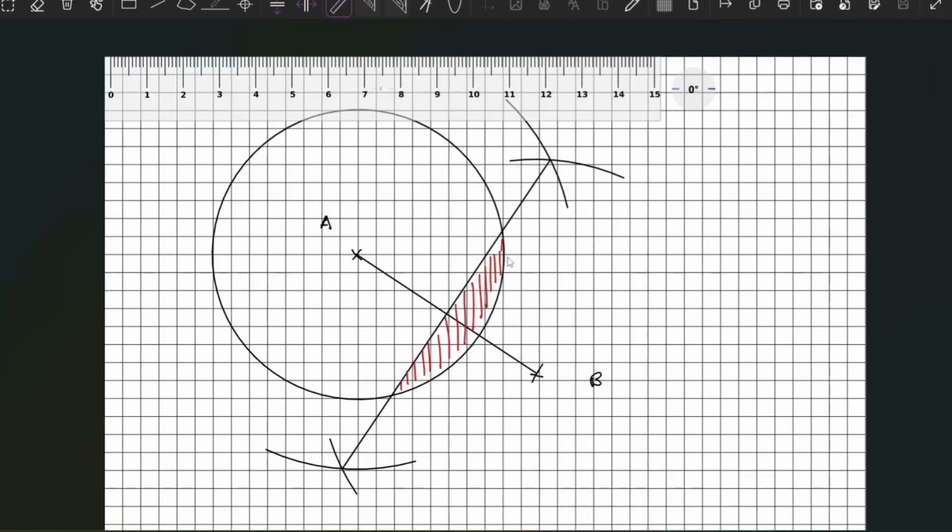This is the region R that should be shaded: the area between the perpendicular bisector and the circle. We should label this region R. When you draw the perpendicular bisector, it's important to show these construction arc lines.